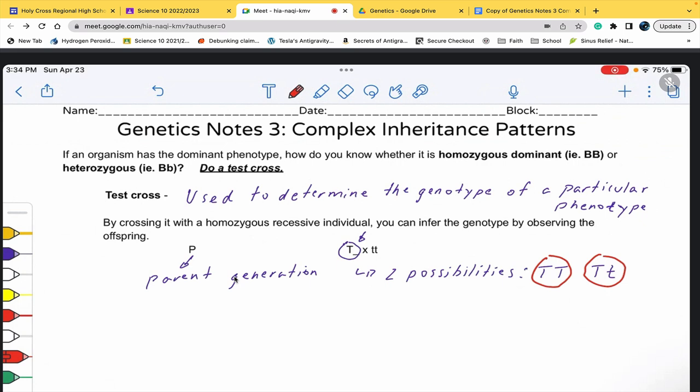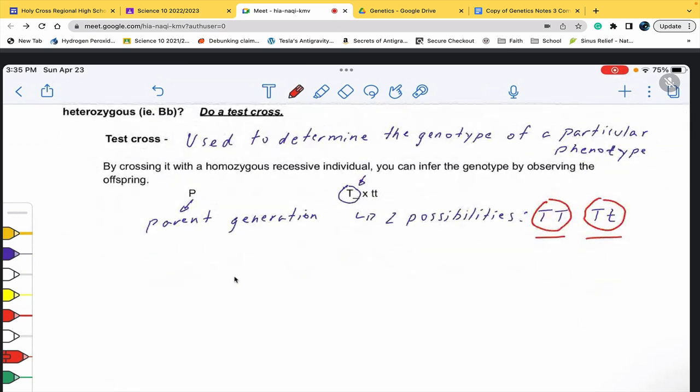So it says here, by crossing one of these two possibilities with a homozygous recessive individual, you can infer the genotype by observing the offspring. So let's take a Punnett square and do that.